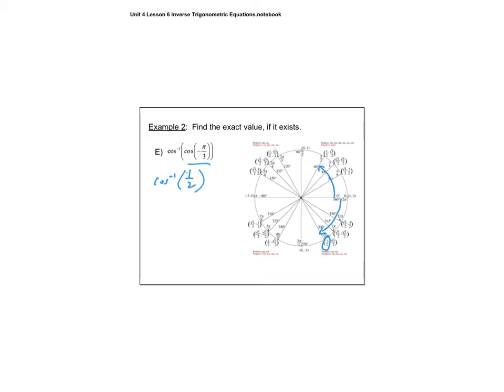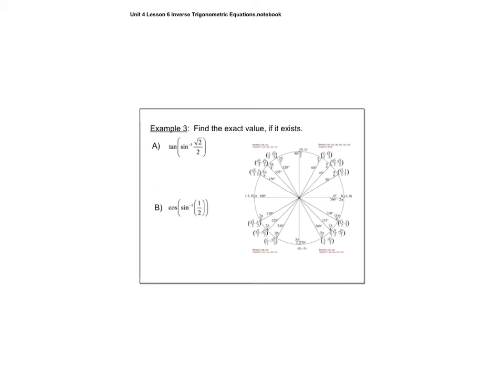So now let's look at the inverse cosine of 1/2, knowing that inverse cosine is only defined in quadrants 1 and 2. So where is your cosine equal to 1/2? It's equal to 1/2 at π/3. So your solution is π/3. Not -π/3, but π/3.